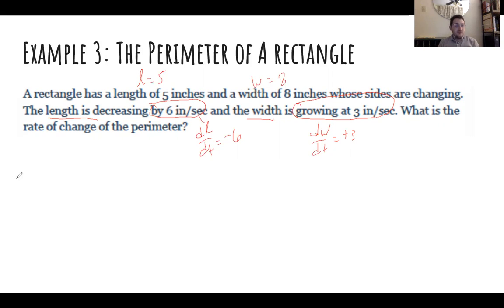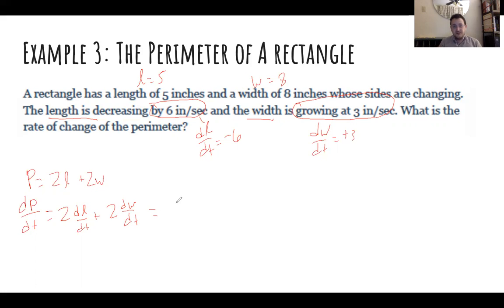All right, the perimeter formula that you should have remembered from geometry class is 2L plus 2W. If we take the implicit derivative of this, it would be 2 times dL/dt plus 2 times dW/dt.